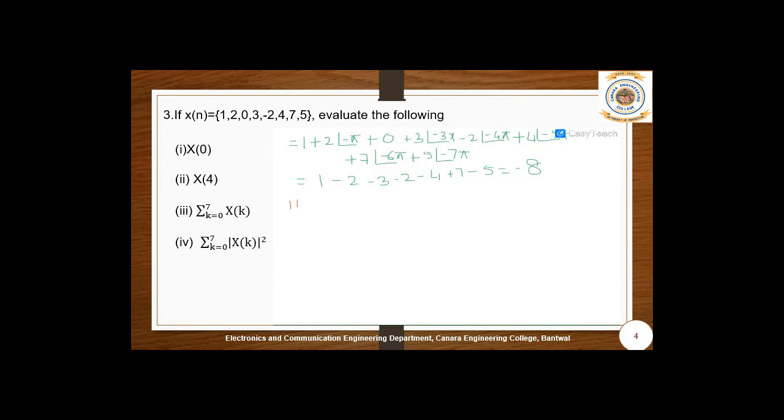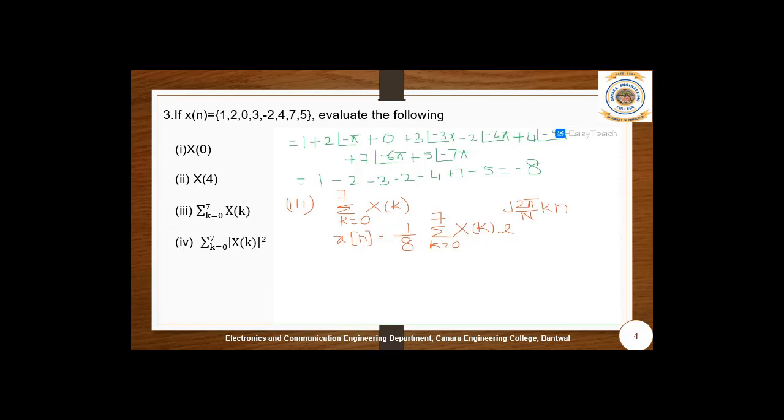We need to find out summation k value varying from 0 to 7 x of k. We know the IDFT formula. x of n is equal to 1 over 8, 1 over n, where n value is 8 here, summation k value varying from 0 to 7, x of k e to the power j 2 pi by n kn.